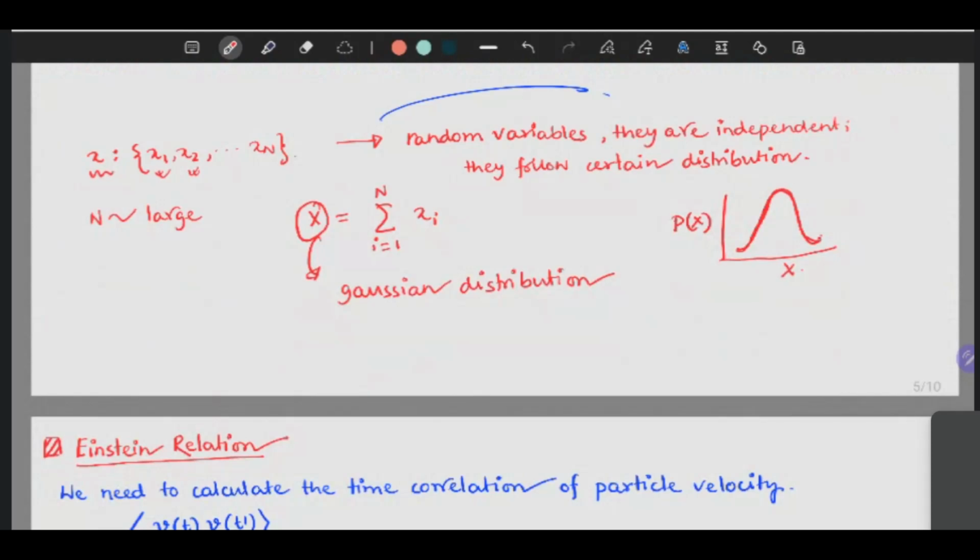Okay, so now it remains to be seen e to the power minus (t minus t1) by tau v times minus (t prime minus t2) by tau v into fr(t1) and fr(t2), these two things. So that we need to do.